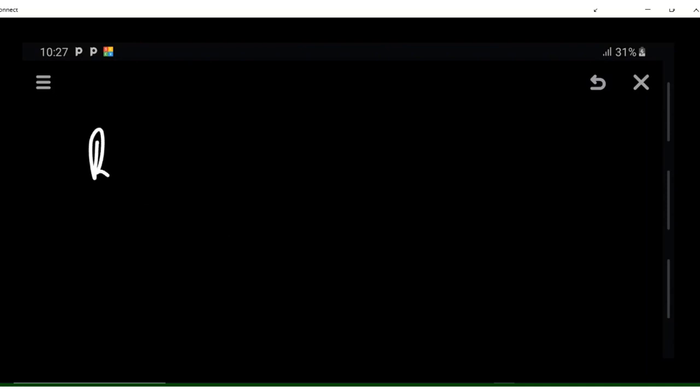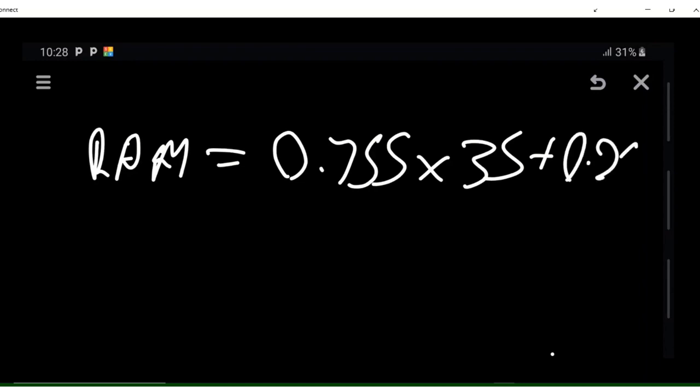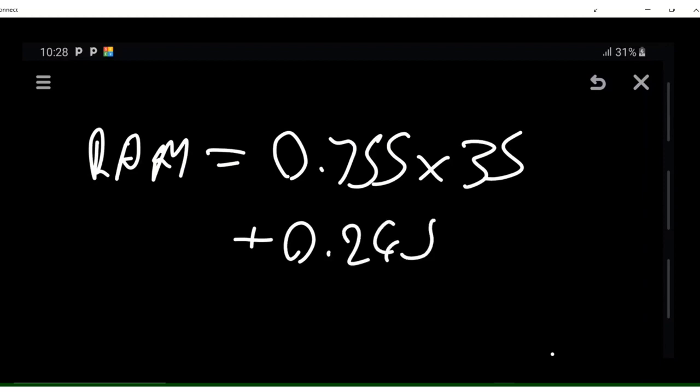My relative atomic mass, RAM, is the abundance percent 75.5 divided by 100, so 0.755 multiplied by 35 as the mass, plus 0.245 multiplied by 37.